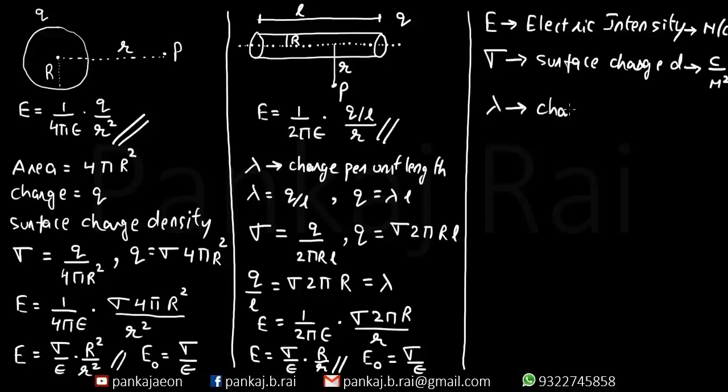Lambda is charge per unit length, so its unit is coulomb per meter. Obviously you should know that Q is charge and the unit of charge is coulomb.